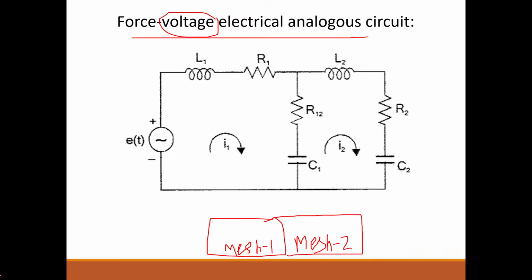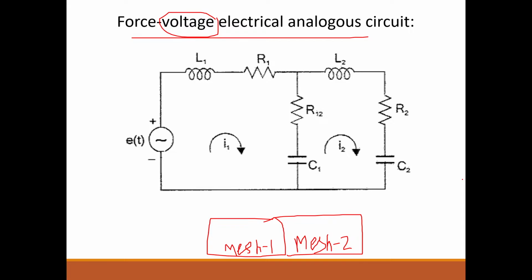Now, if you remember, there were elements between mass 1 and mass 2. What were the elements between mass 1 and mass 2? You just look at the mechanical diagram.